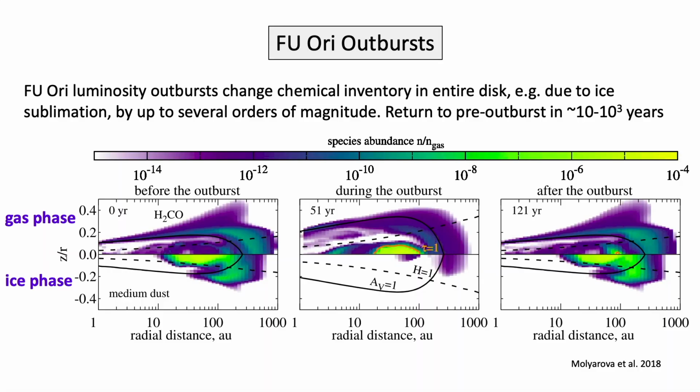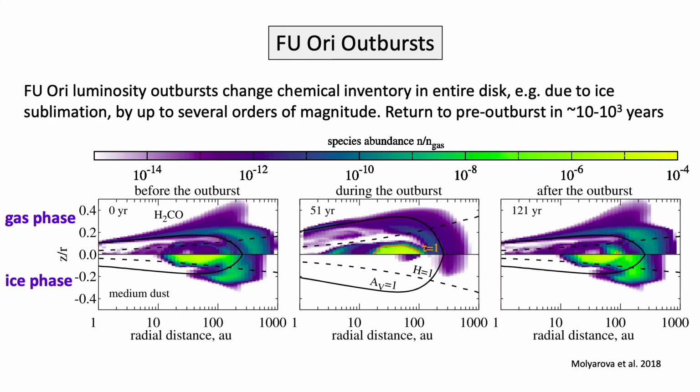See, these outbursts also change the chemistry in a disk. These are cross sections through the disk. The upper half shows the gas phase, radius and vertical direction. The lower half shows at the same time the ice phase chemistry, the abundances from chemical networks. You see just an arbitrary molecule, here H2CO. You see the abundance of molecules before the burst here. During the burst, it's completely different.